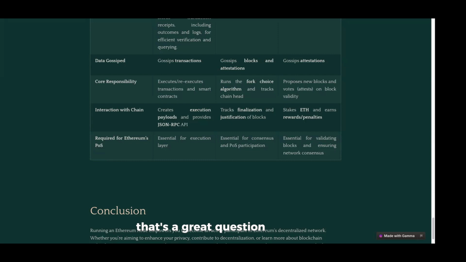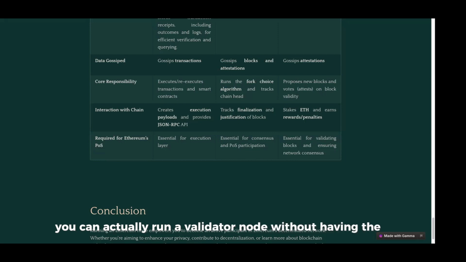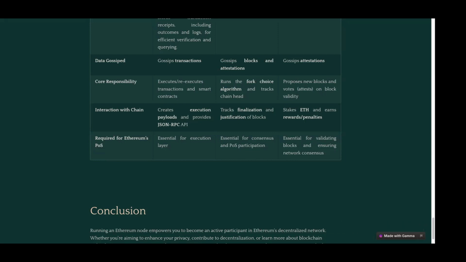That's a great question. Basically, you can actually run a validator node without having the 32 ETH. If you want to be a solo staker, that's when you need the 32 ETH.